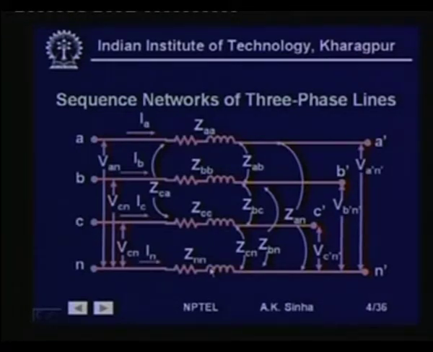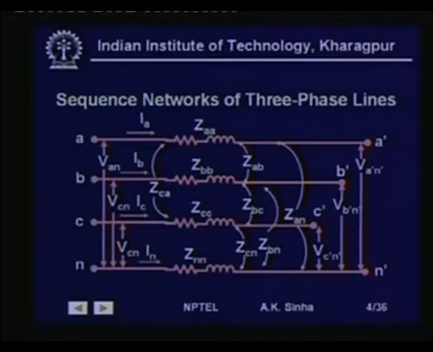Now, if you recall our lesson on transmission line modeling, you would remember that we have the ground wires or the earth wires at the top of the tower, and these ground wires are grounded at certain intervals, that is at each tower, by the tower footing resistance.